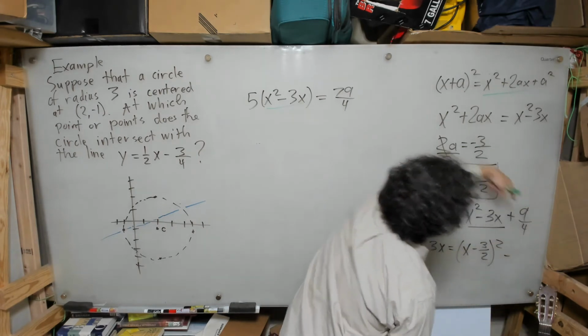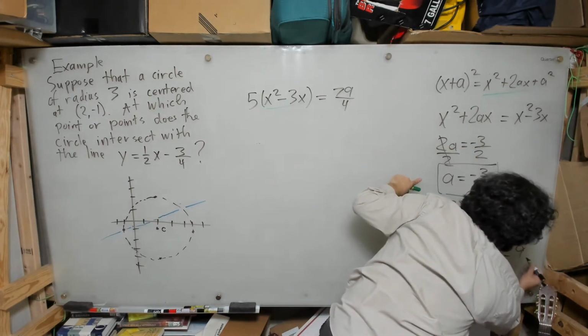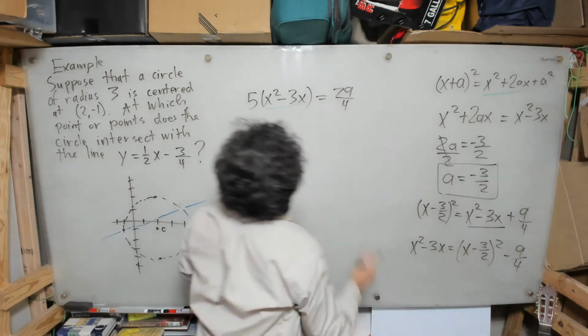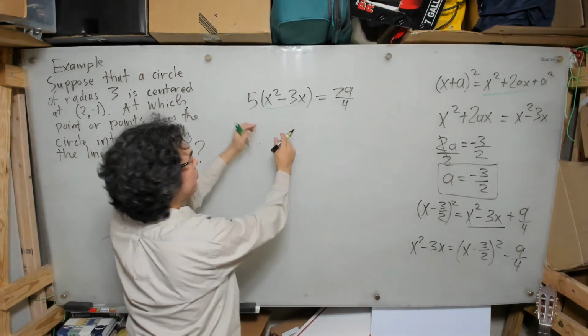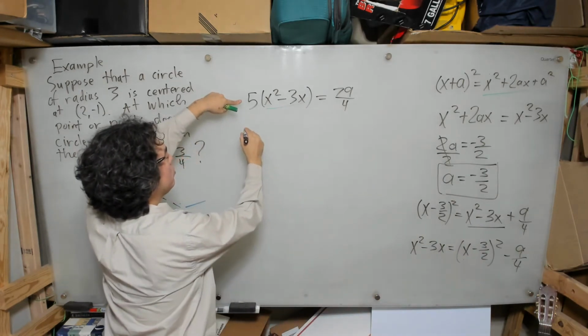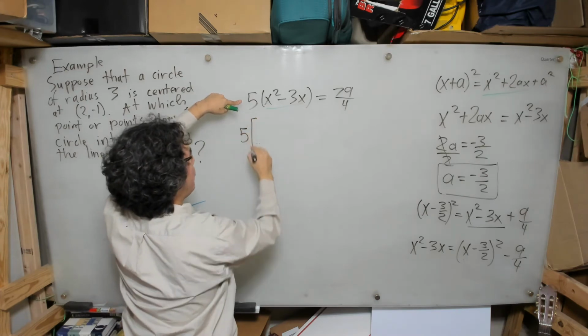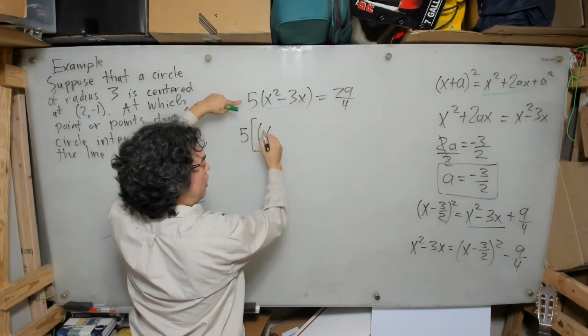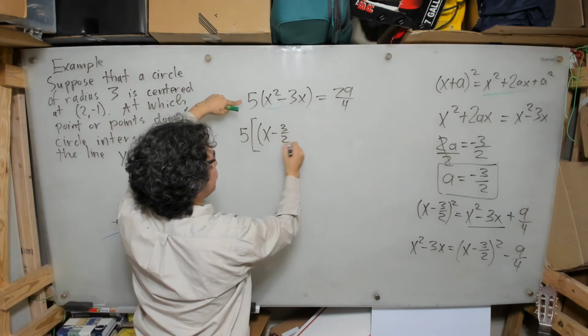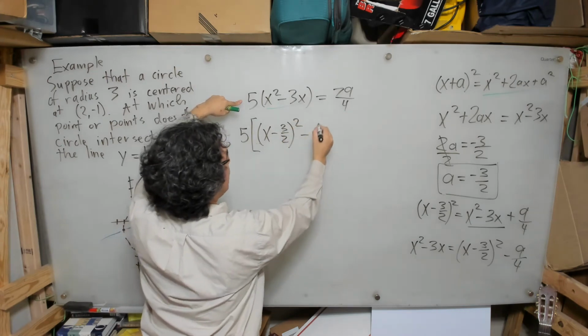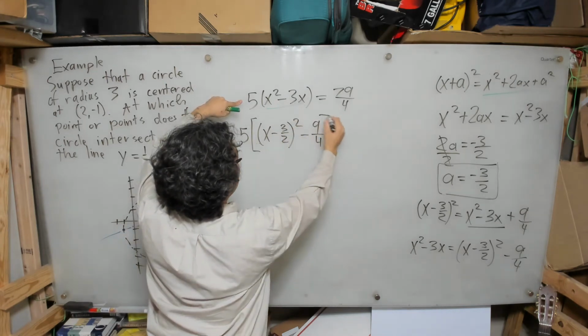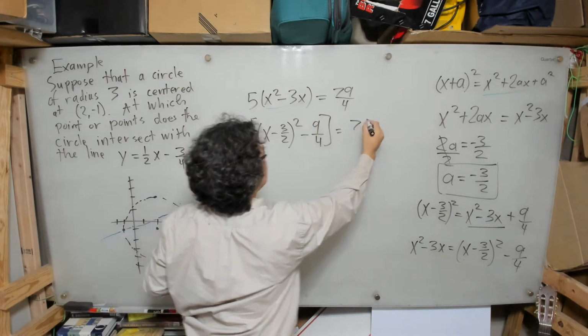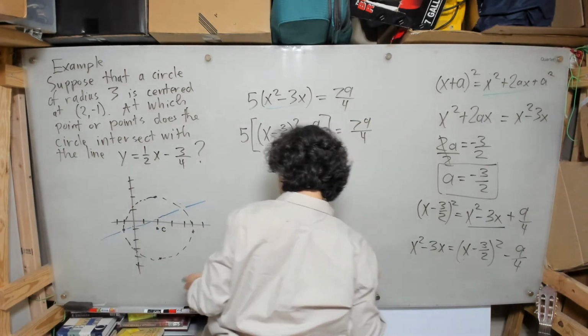I'm going to subtract this 9 over 4 to this side. So then I come back to my equation over here. I can now go from here to 5, open bracket, (x minus 3 over 2) squared minus 9 over 4, equals 79 over 4. Okay?